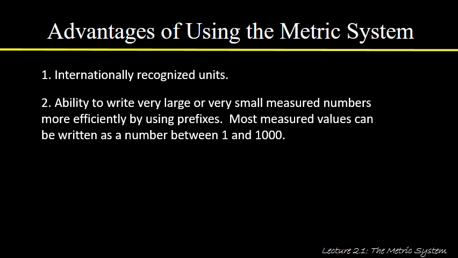Another advantage is that you can write numbers in a way that looks very, very simple and compact. And specifically, using the metric prefixes, you can write most values as a number between 1 and 1,000, and then adding the necessary prefix to move the value into that range.